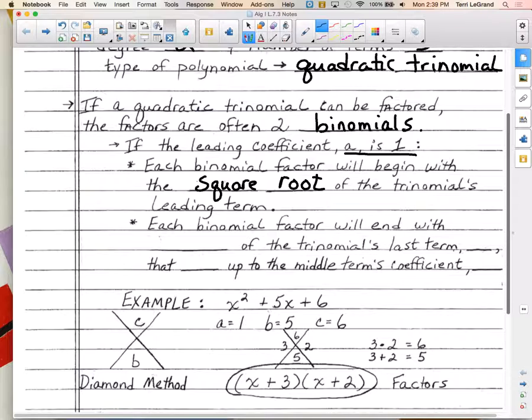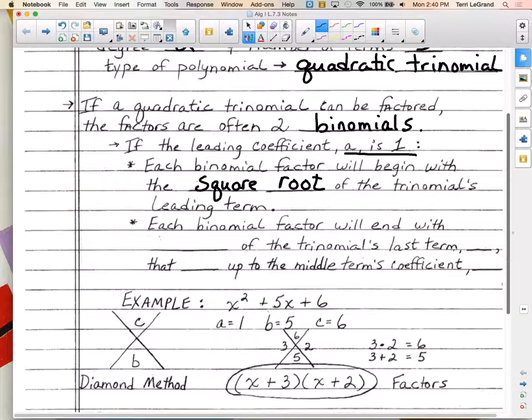What would be the square root of 1x squared, or just x squared? What times itself, that's what square root means, gives you x squared? X times x. So the square root of x squared is x, isn't it? So each binomial factor will start with x.